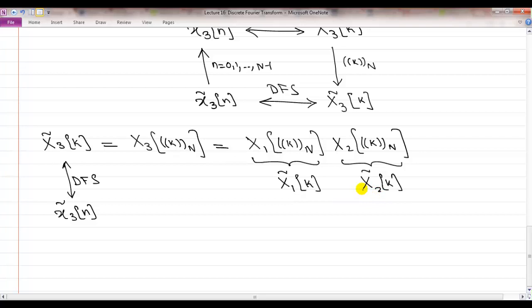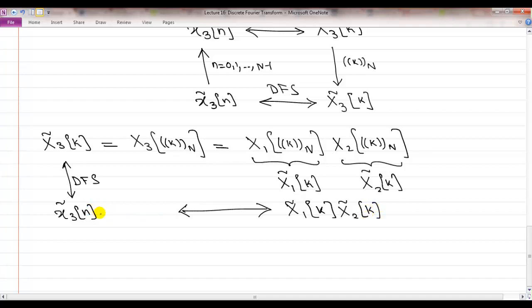Now that we did as a property of the discrete Fourier series. We said if you multiply two discrete Fourier series coefficients with each other, in the time domain that is equivalent to periodic convolution of the time domain periodic sequences. So we are interested in finding the discrete Fourier series of x1 tilde of k and x2 tilde of k.